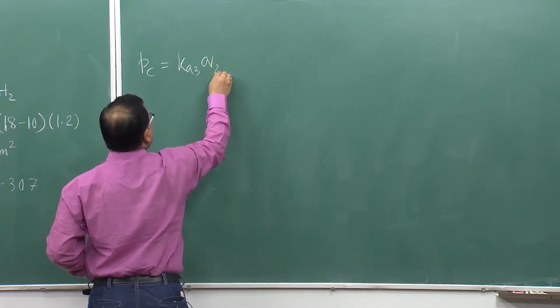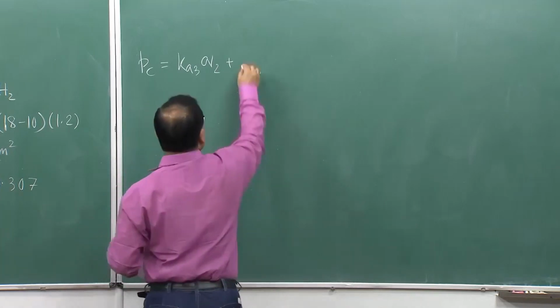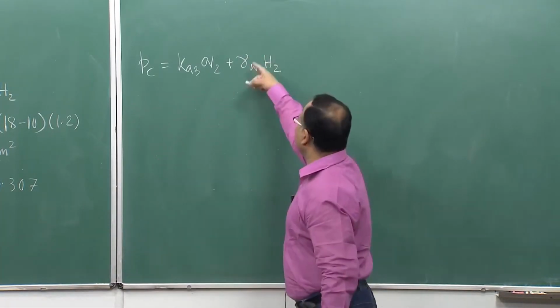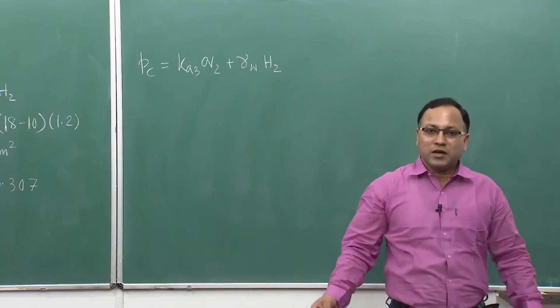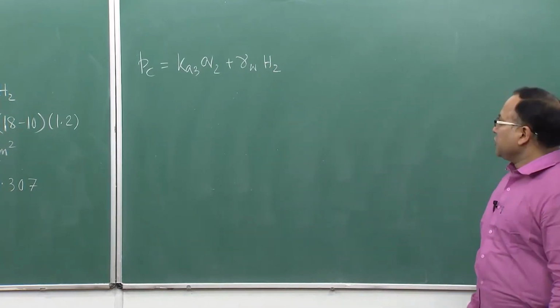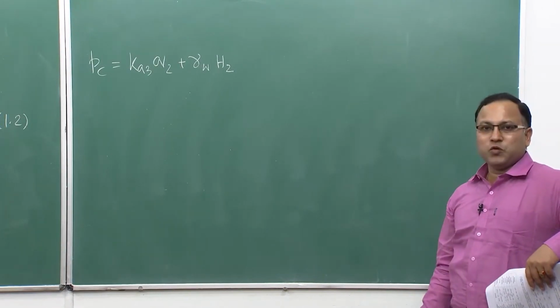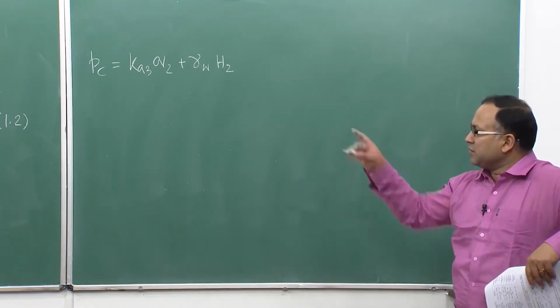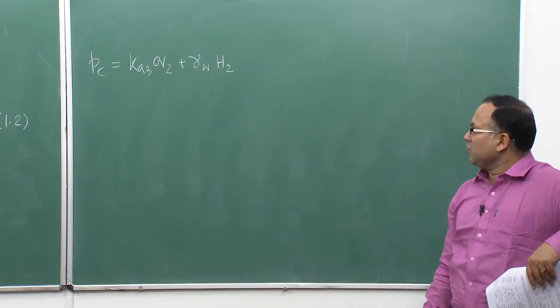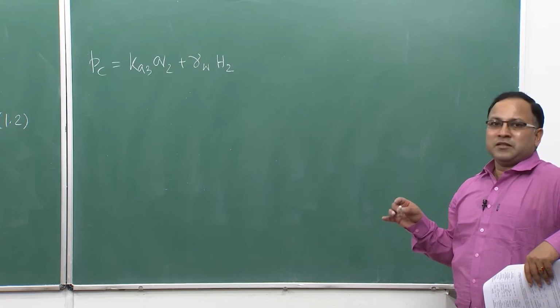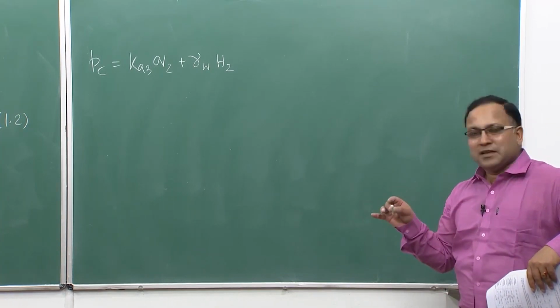Ka3 Q2 plus gamma W H2, that will be coming due to the water, because now water is there. Okay. So, Ka3 into Q2, that will be the lateral pressure due to the surcharge, the uniform equivalent surcharge, whatever you have calculated just now, plus gamma W into H2 will be nothing but the water pressure at that level.